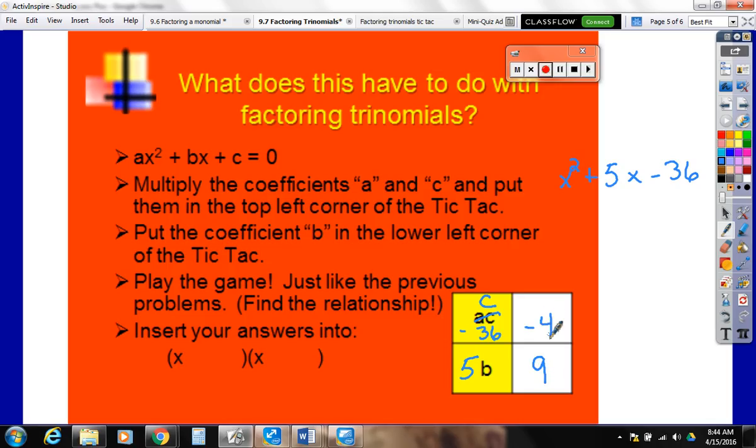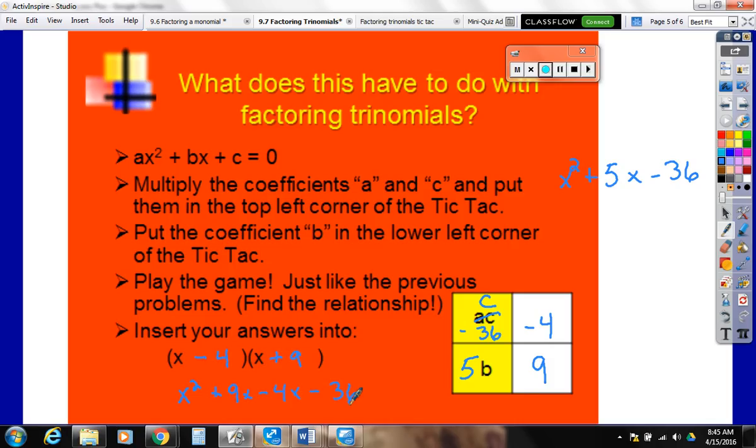Once we get the answers, we just put them into this framework. So we have negative 4, so we have x minus 4 and x plus 9. If we were to check this, we could multiply through. X times x is x squared. X times 9 is 9x. Negative 4 times x is negative 4x. And negative 4 times 9 is negative 36.